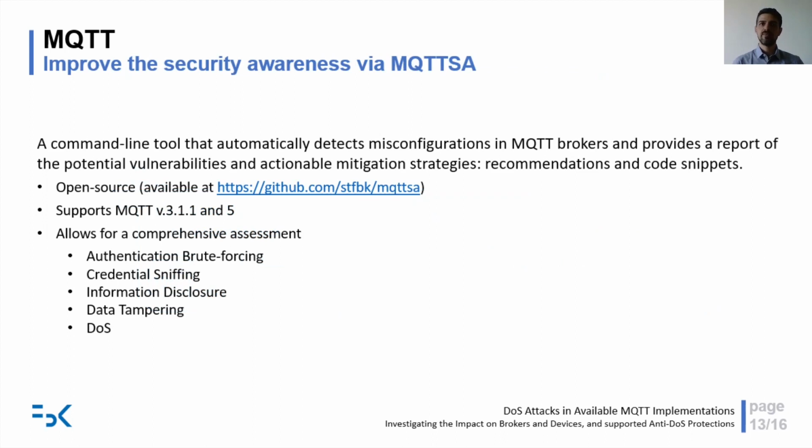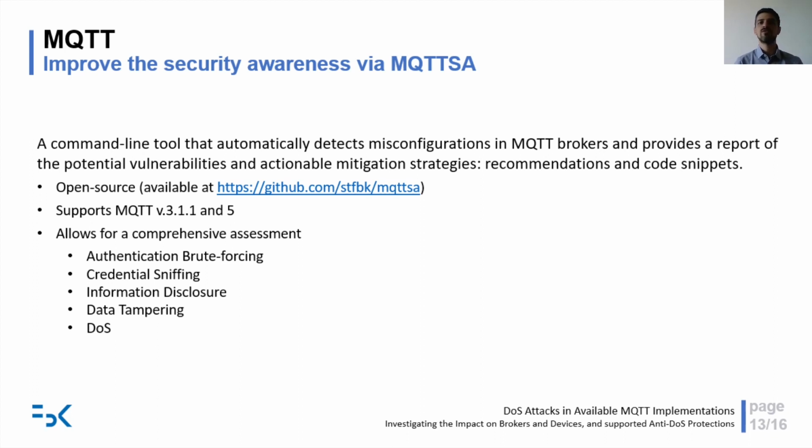We used all the experience we gained by investigating Mosquitto, VerneMQ and NQX to improve MQTT-SA, a security command line tool developed in the Security and Trust Unit of FPK to assess MQTT environments and suggest adequate security measures in terms of recommendations and code snippets. It is an open source tool, and I'd be glad if you want to try it.